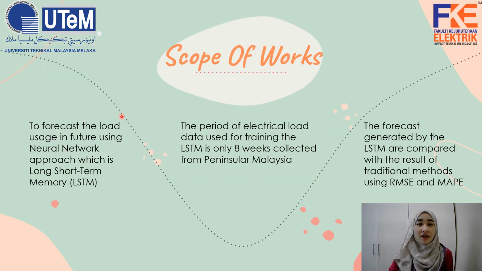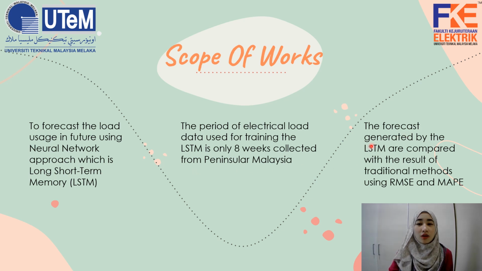So these are the scope of works in this project. Firstly, to forecast the load usage in future using neural network approach, which is long short-term memory LSTM. Next, the period of electrical load data used for training the LSTM is only 8 weeks collected from Peninsular Malaysia.